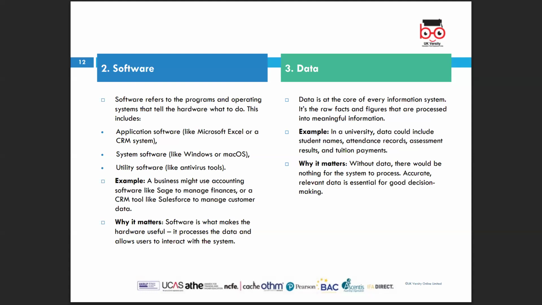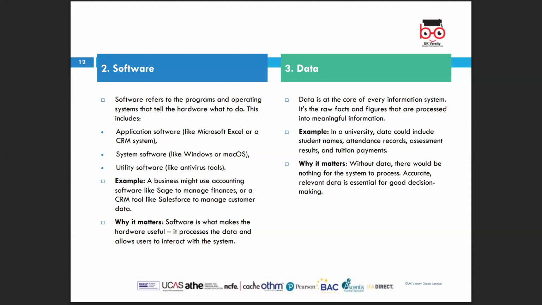Then we have data, which is the core of every information system. It's the raw facts and figures that are processed into meaningful information. For example, in a university, data could include student names, attendance records, assessment results, and tuition payments. Why does this matter? Without data, there would be nothing for the system to process.